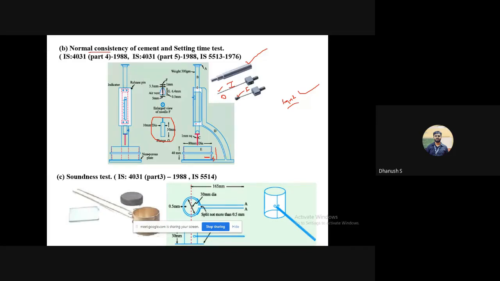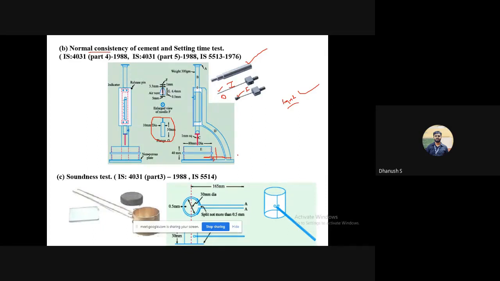It is not letting you penetrate as much as it did initially. Normally it says the initial setting time should not be less than 30 minutes. So at some point after 30 minutes, you will reach a point where it shows 5 to 7 mm penetration from the bottom. Stop your clock at that point, and whatever the reading on your clock is at that point is your initial setting time.